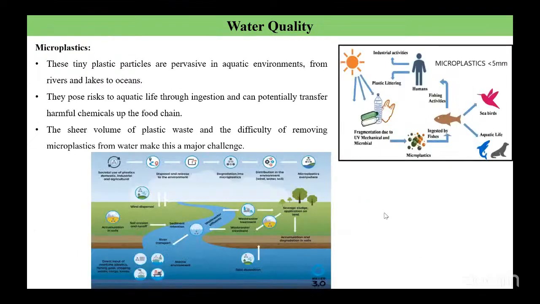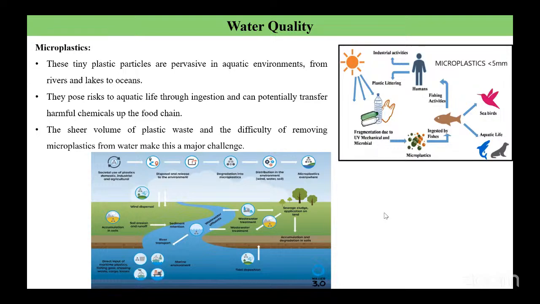The second major impact is that of microplastics. Huge research is going on into these microplastics. These microplastics are everywhere: in the air, in the water, in the human body, in the human system, everywhere.